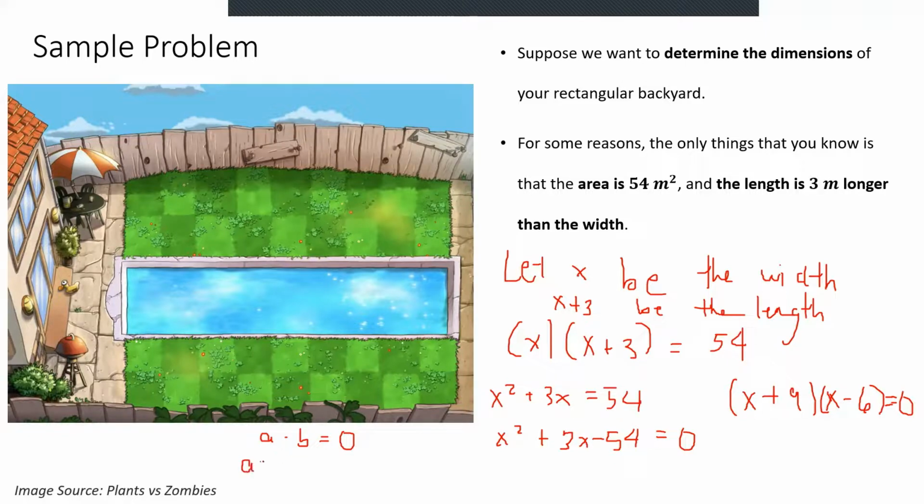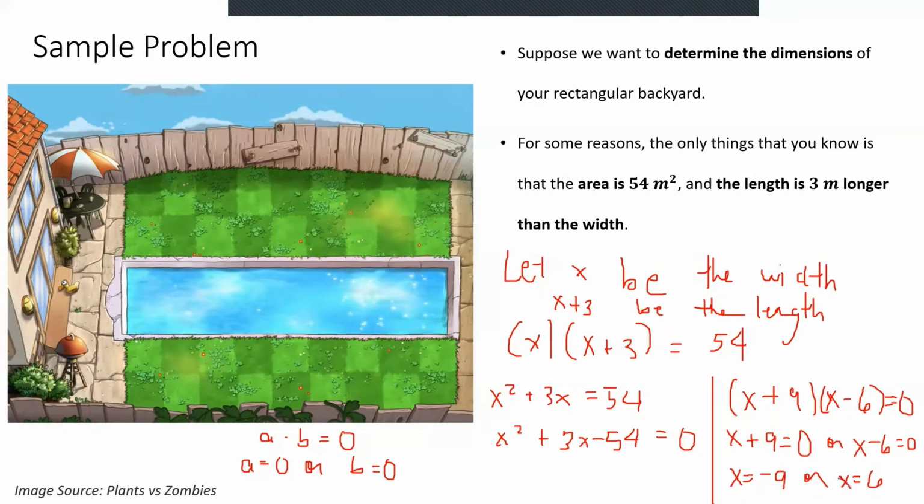That means a is equal to 0, or if a is not equal to 0, then b must be equal to 0. The same here: x plus 9 is equal to 0, or x minus 6 is equal to 0. By adding negative 9 to both sides, we get x is equal to negative 9, or x is equal to 6. These are the two values that satisfy the equation.